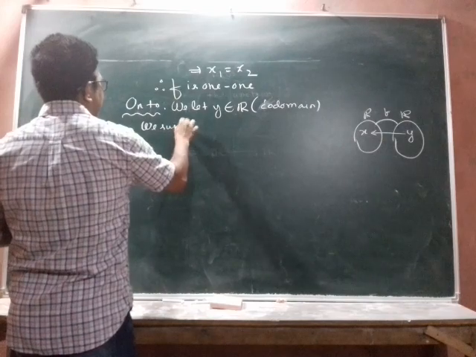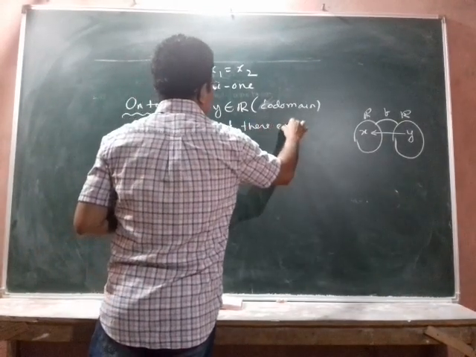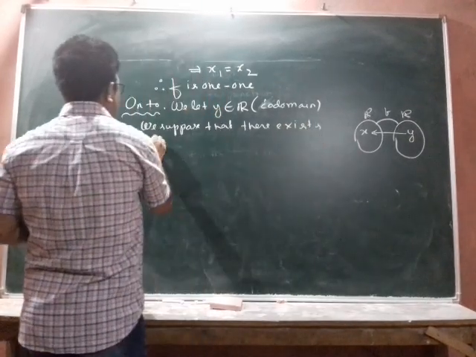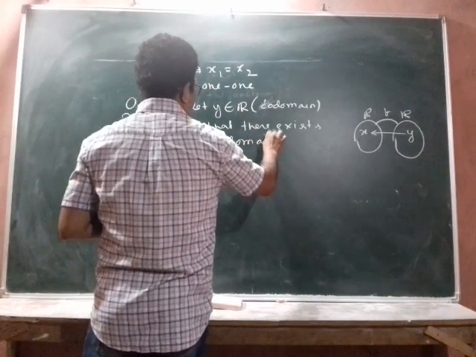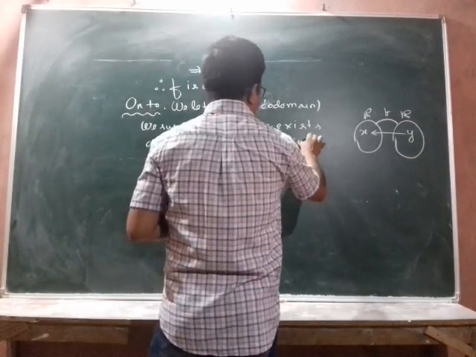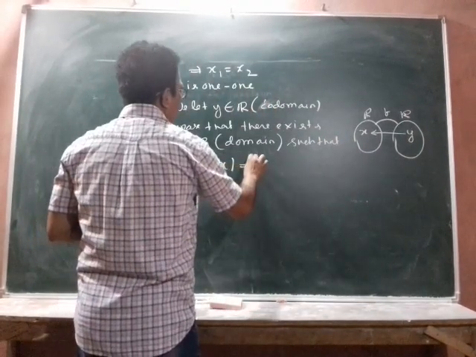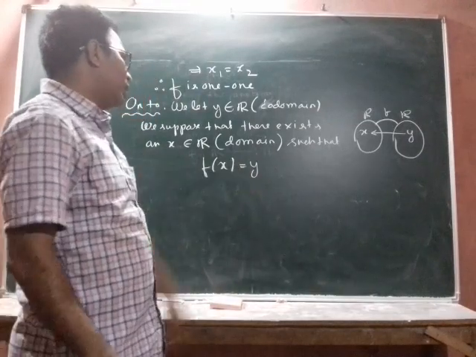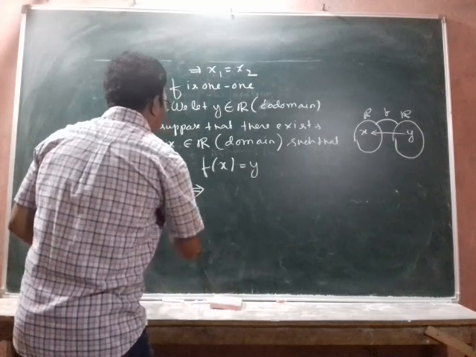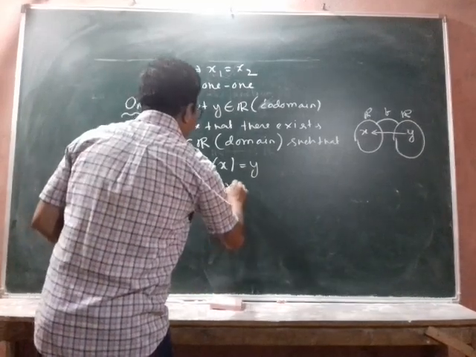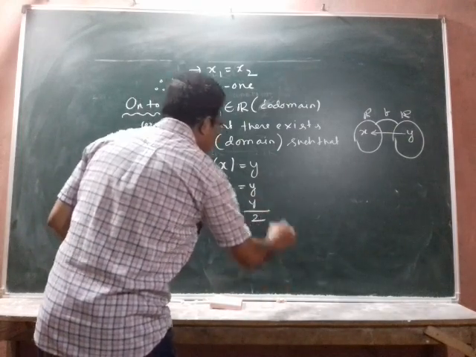We suppose that there exists an x belonging to our domain such that the image of x is y. So here we write the definition, 2x = y, and thereby we calculate x = y/2.